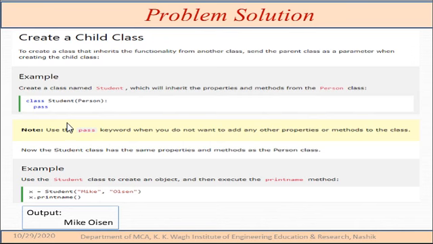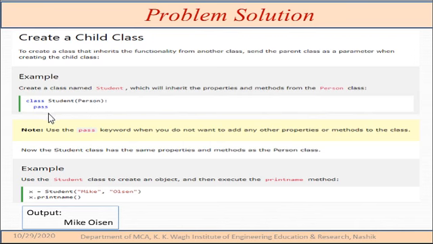As you can see on my screen, if you want to create a child class from your base class or parent class, you can create it directly. You use the keyword class, then give the child class a name, and in brackets give the name of the class whose properties you want to inherit.